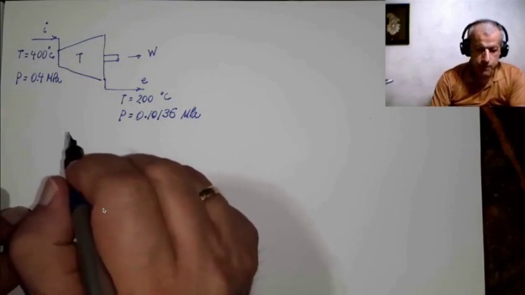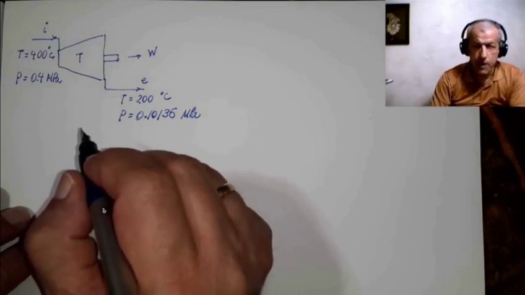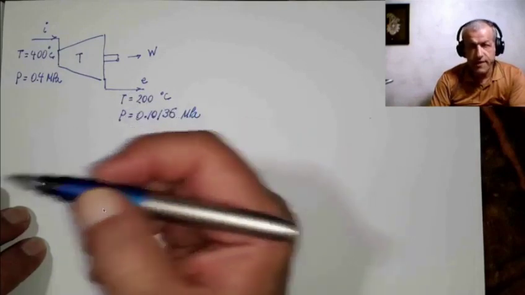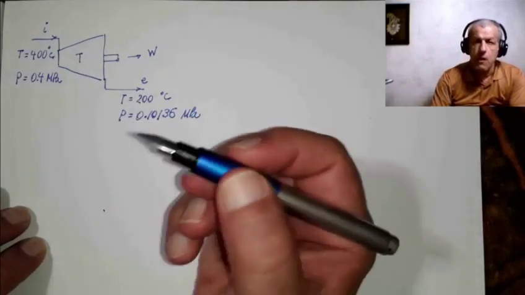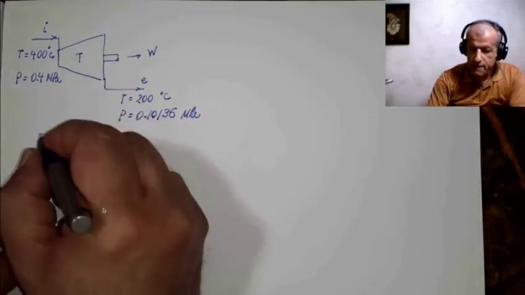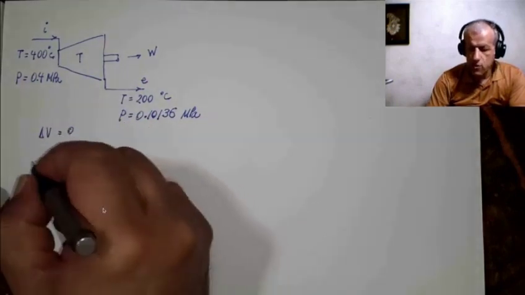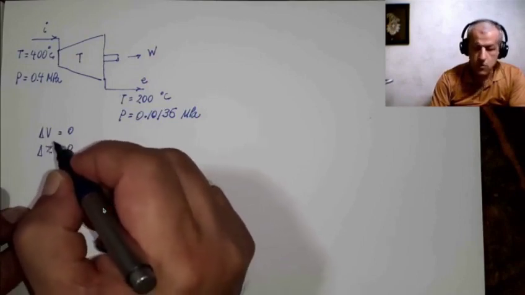Okay, now the question is if we ignore all velocity and elevation effects, so there's no change in velocity, or at least that is ignorable. So delta V we assume equal 0, delta Z equal 0.